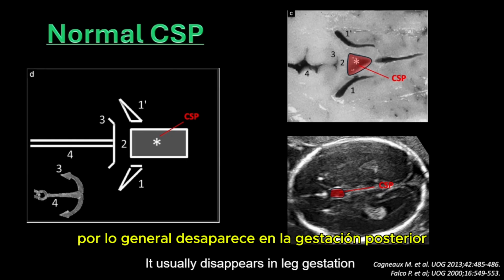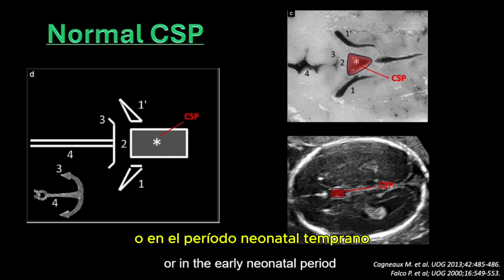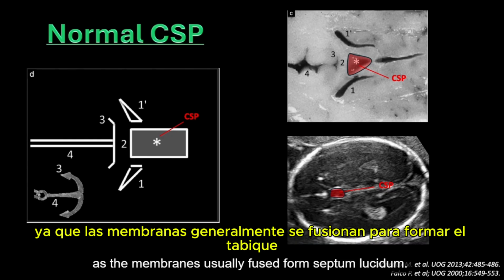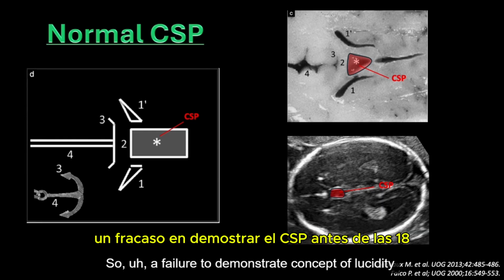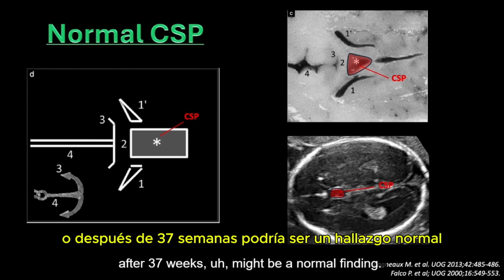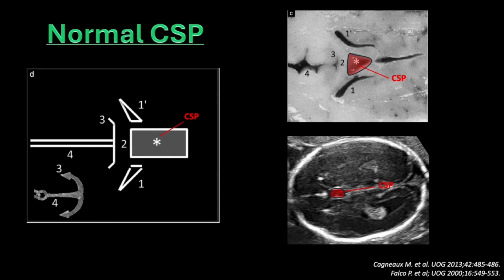It usually disappears in late gestation or in the early neonatal period, as the membranes usually fuse to form the septum pellucidum. So, a failure to demonstrate cavum septum pellucidi before 18 or after 37 weeks might be a normal finding.